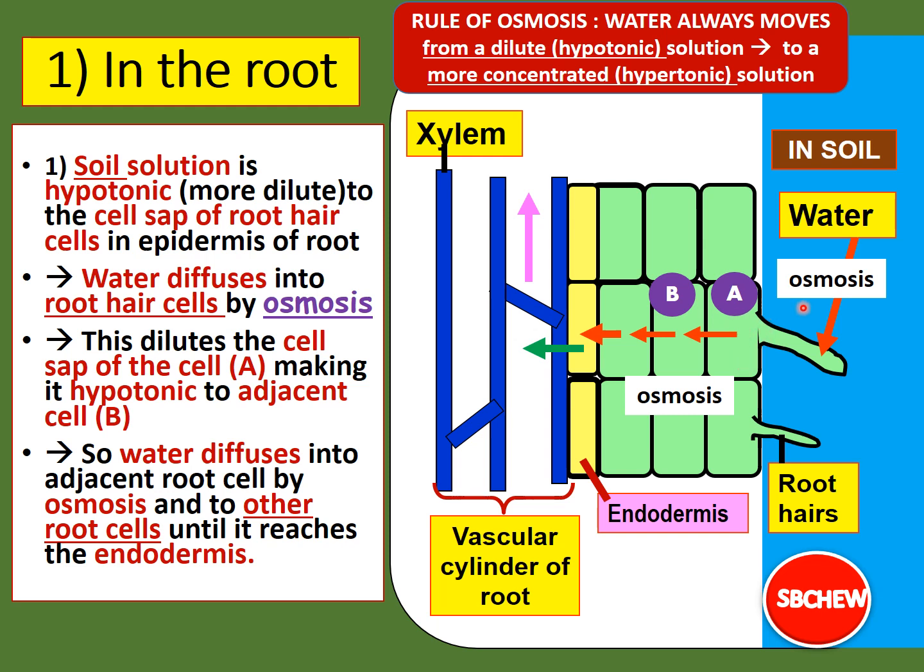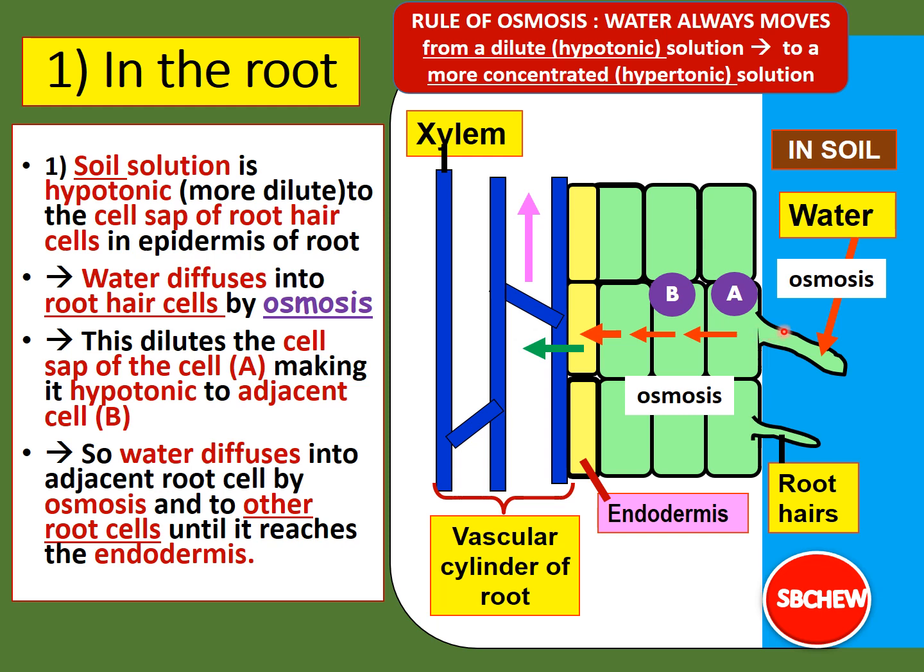The soil solution by comparison is more dilute than the cell sap of this root hair cell, which may have a lot of ions and other dissolved substances in the vacuole. So soil solution is hypotonic, more dilute, compared to the cell sap of the root hair cell here.